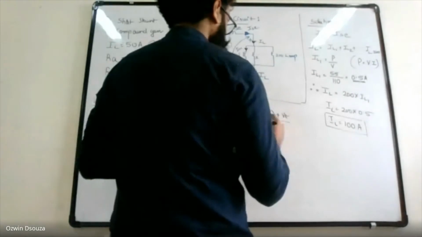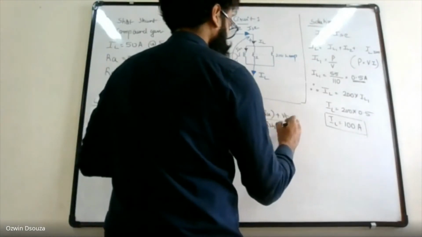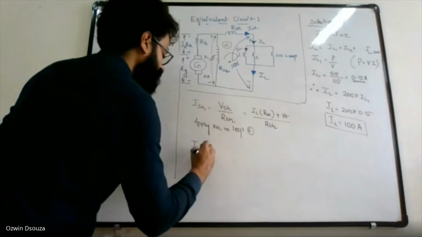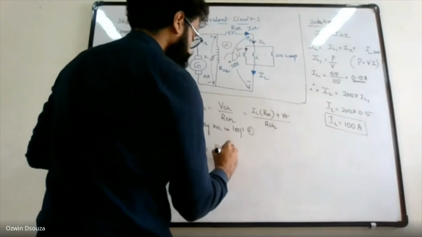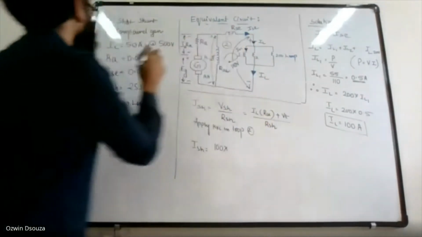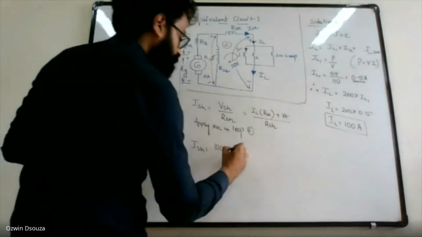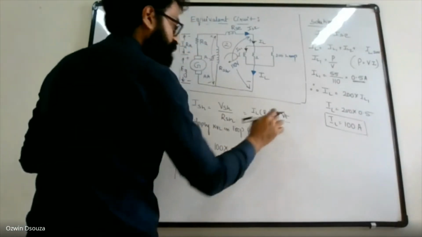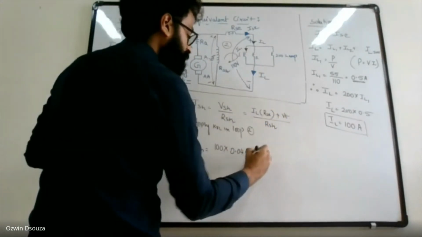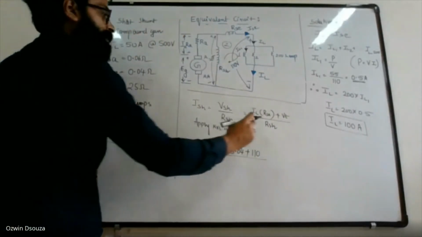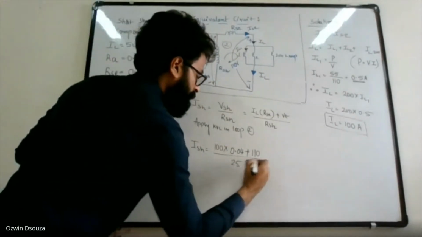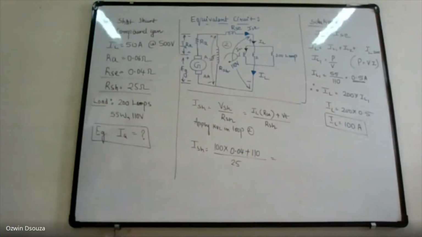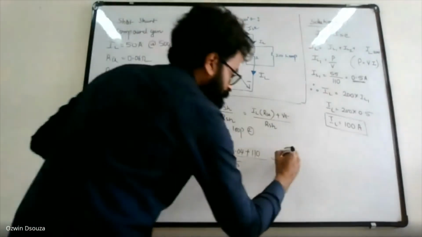Divided by RSH, or ISH is equal to load current 100 into RSC. What is RSC? RSC is 0.04, plus terminal voltage, the terminal voltage is 110 volt, divided by RSH. What is the resistance of the field? 25. So when you simplify this, you will get ISH as 4.56 ampere.